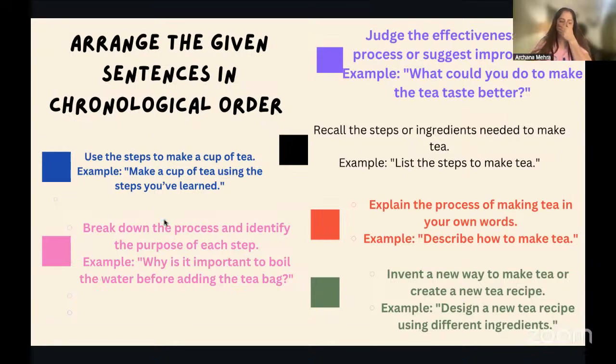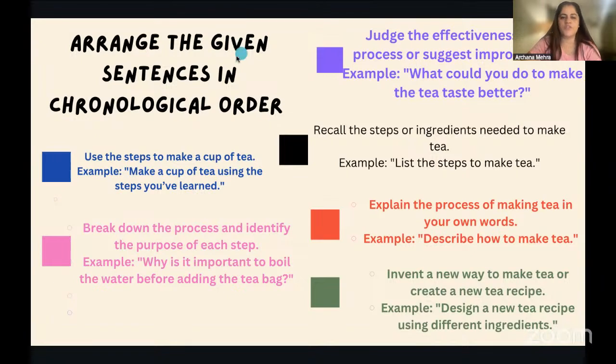And afterward, I think it's pink, to break down the process and identify purpose. And then purple, assessing the effectiveness and suggesting improvements. And then the last one is green, inventing a new tea recipe. Yes, that's what Miss Ashika has also written in the group: black, red, blue, pink, purple, green.